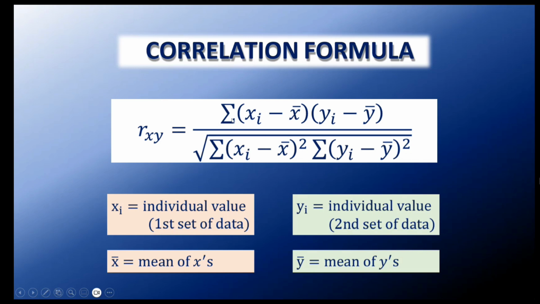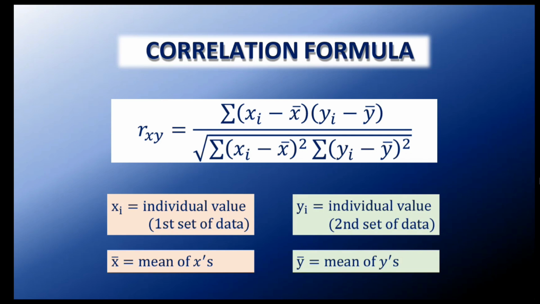However, take note that on the numerator, we have the summation. It is the same way as we did with the computation of the variance and the standard deviation, wherein we had the summation of two symbols, if you can remember. That is the individual value minus the mean.